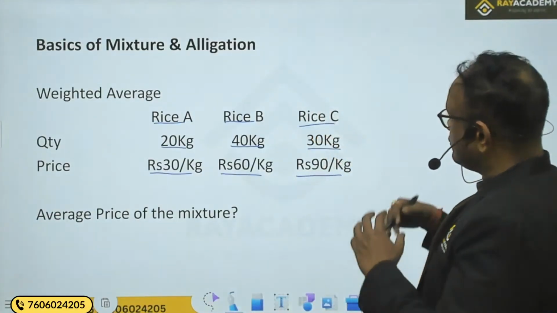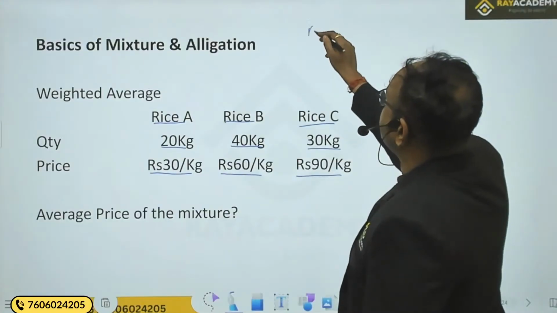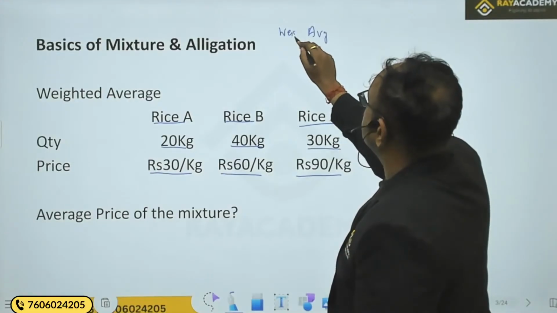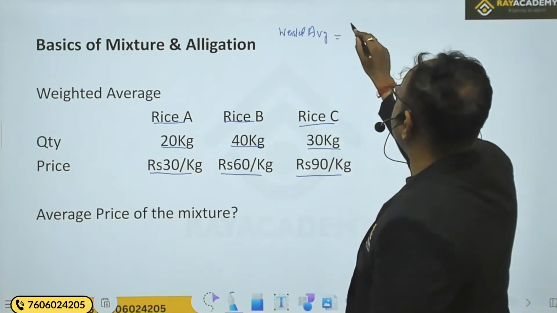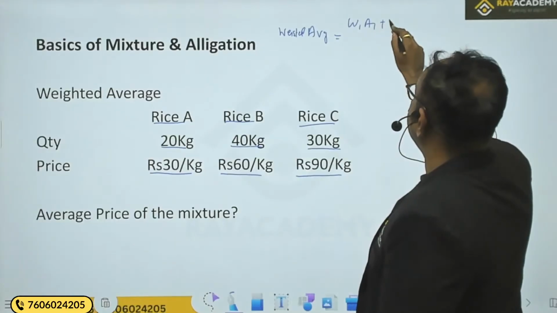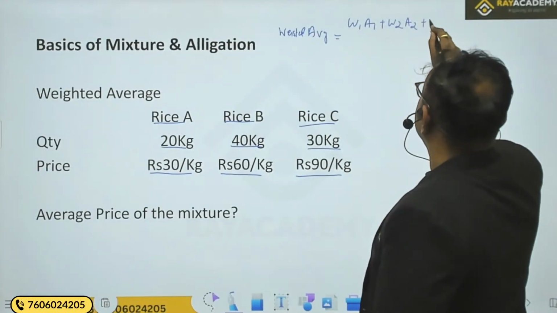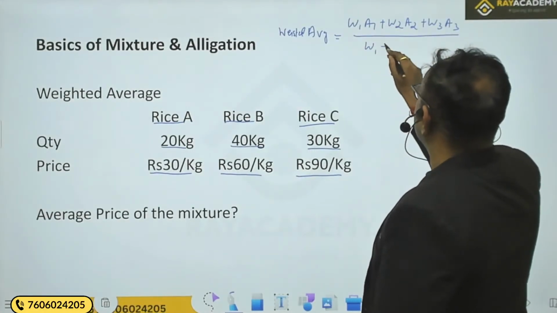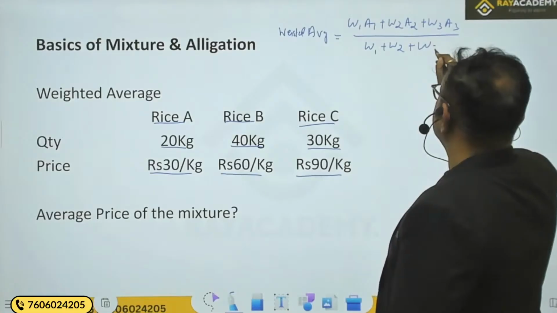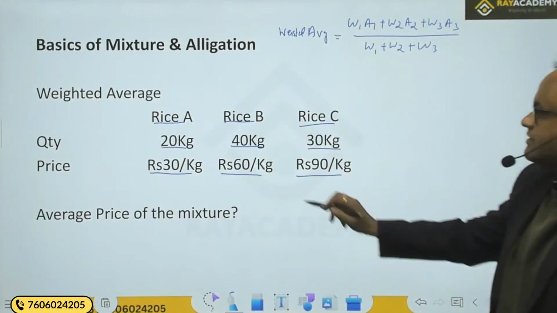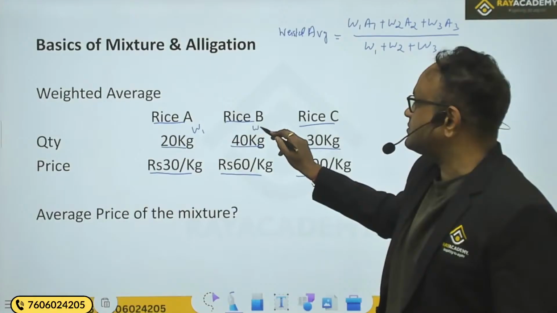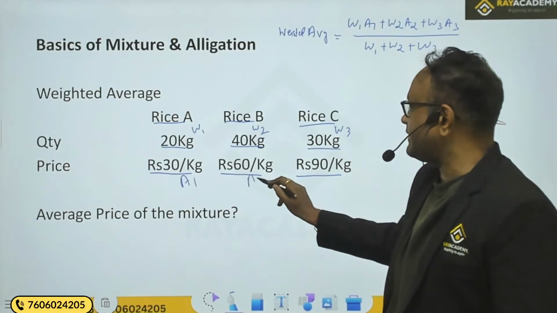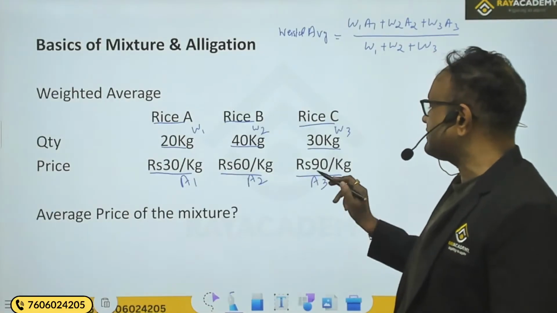For this also the formula remains the same, weighted average. Weighted average is (W1 A1 plus W2 A2 plus W3 A3) divided by (W1 plus W2 plus W3). W1, W2 and W3 are the weightages, and A1, A2 and A3 are the averages.